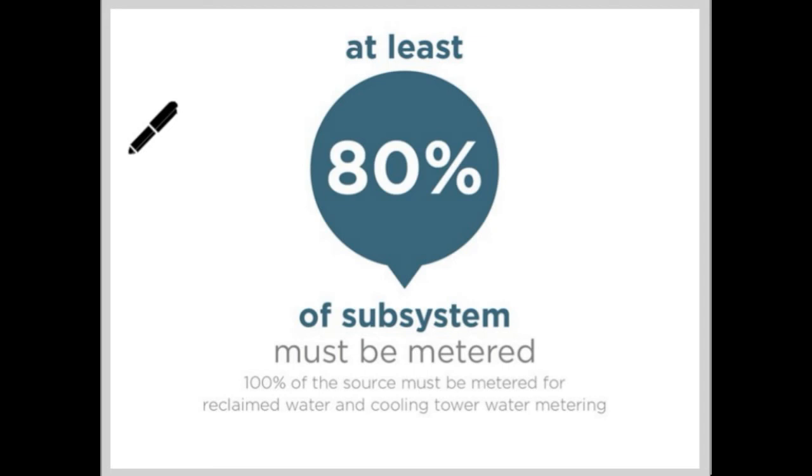Meters owned by third parties, for example utilities or governments, are exempt. Projects shall also commit to sharing with USGBC the resulting water usage data for a 5-year period beginning on the date the project accepts LEED certification or typical occupancy, whichever comes first.